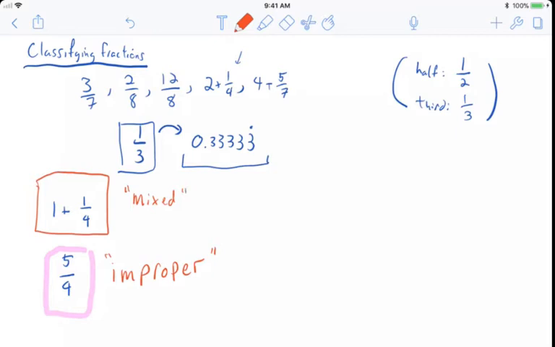Okay? Mixed numbers are numbers that you represent as a whole number plus one number divided by another number.